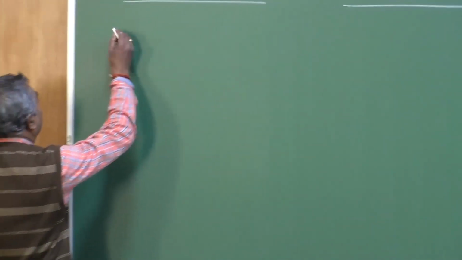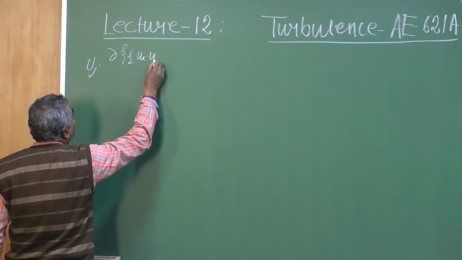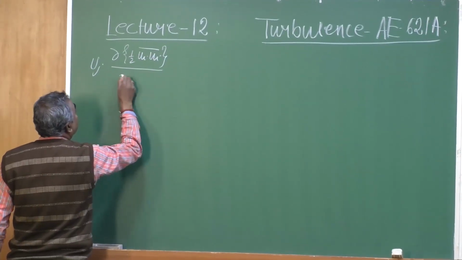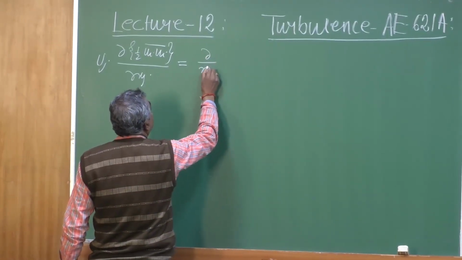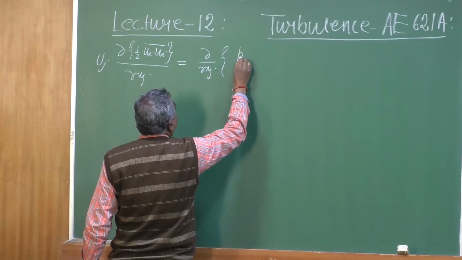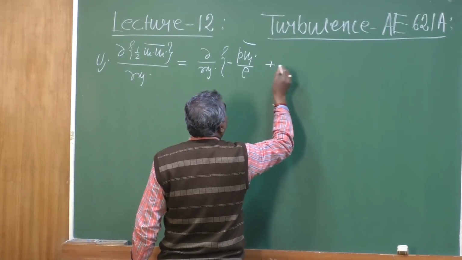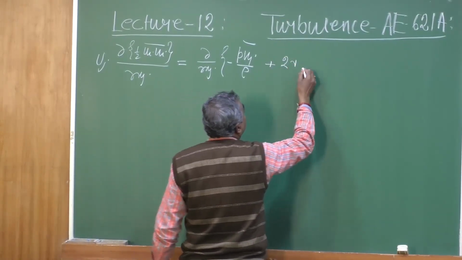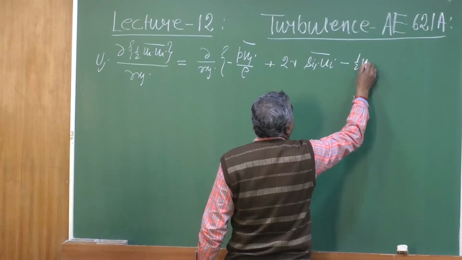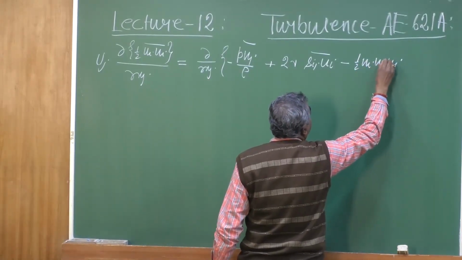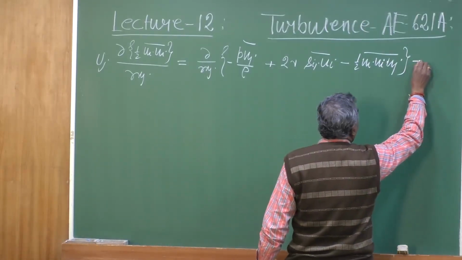So, it was U j P u j bar minus rho plus twice nu bar u j bar, this is the transport term, and then we have another two terms.